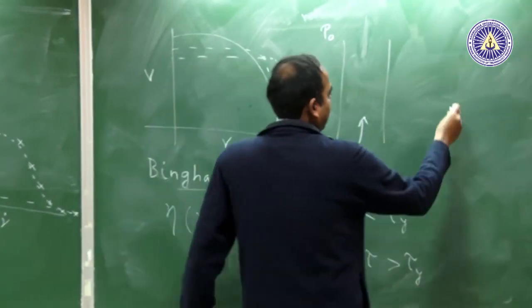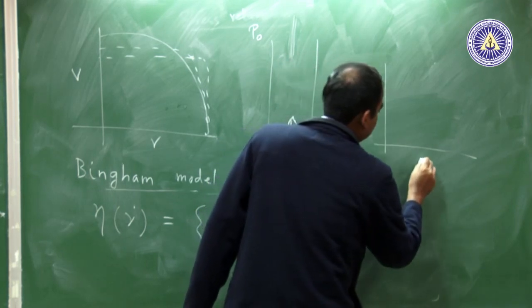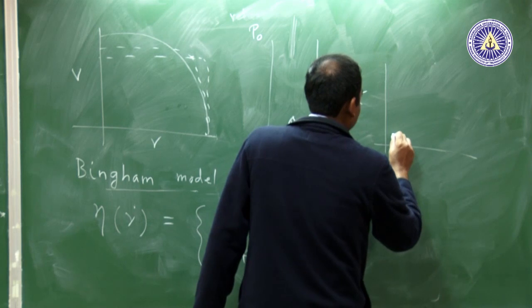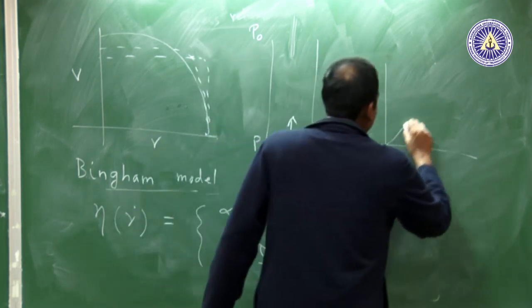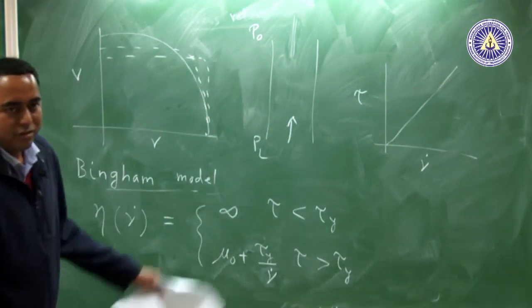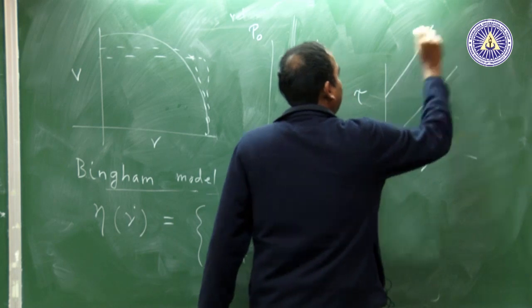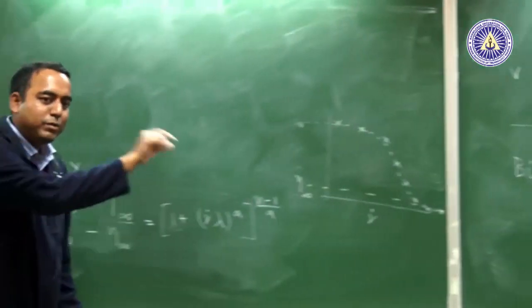So, the Bingham model, if you have the stress versus the shear rate, in Newtonian it would be this, right, and in Bingham it would be Newtonian with a yield stress. So, this is just a different representation of the Bingham.